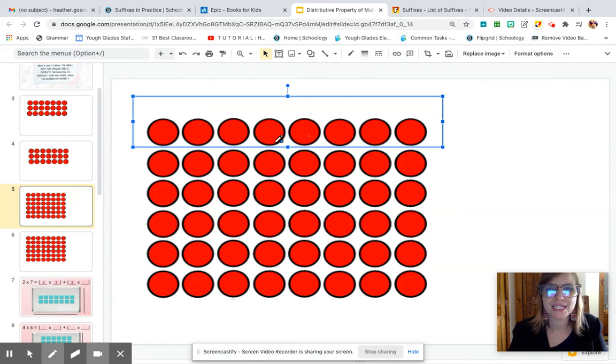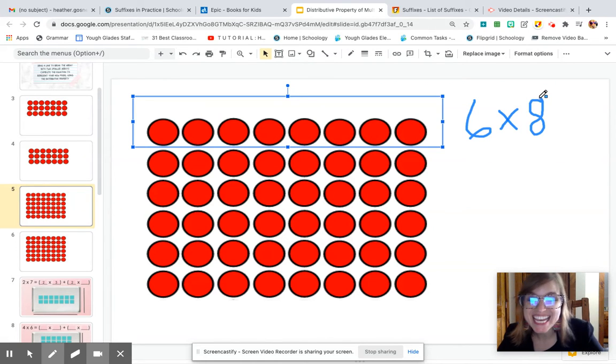We have 1, 2, 3, 4, 5, 6 rows. 6 groups, 6 rows of 1, 2, 3, 4, 5, 6, 7, 8. 6 groups of 8.